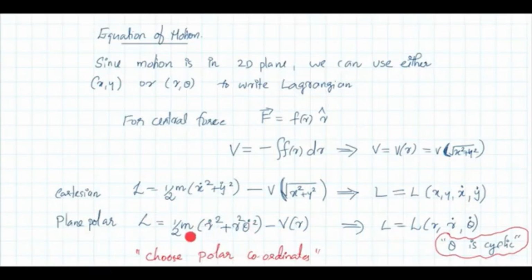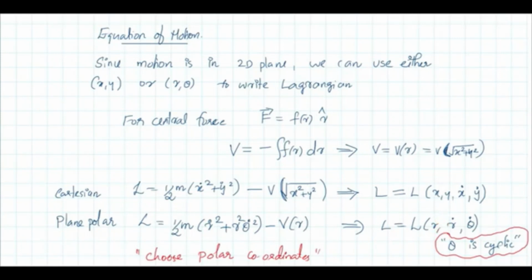So L can be written as a function of r, r dot and theta dot. We can see that theta is missing in this Lagrangian, and a coordinate that is absent in the Lagrangian is known as a cyclic coordinate.